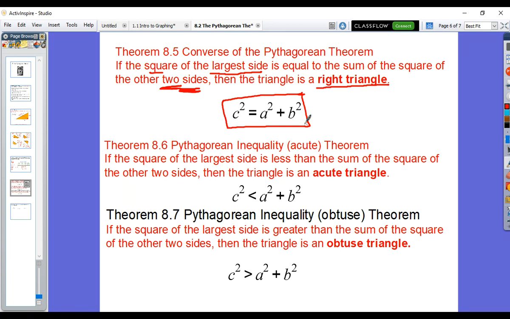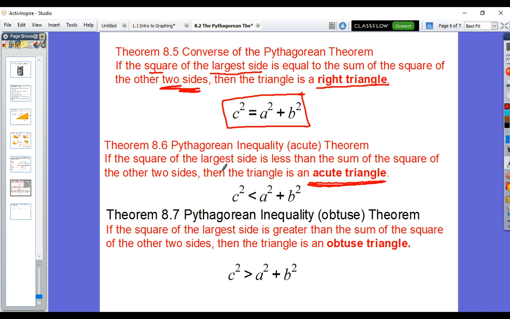Now, for this theorem, let's say we try that out and it didn't work out. The value of our hypotenuse squared was smaller than a squared plus b squared, the two smaller legs squared. If that happens, then that tells us it's an acute triangle, meaning all three angles are less than 90 degrees.